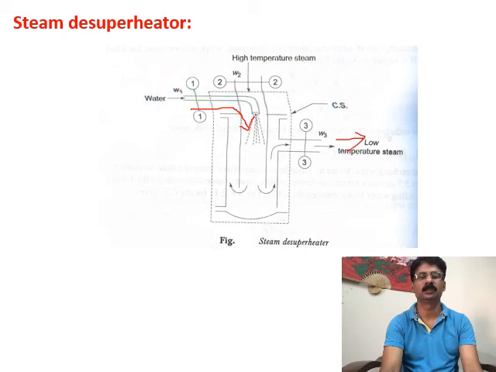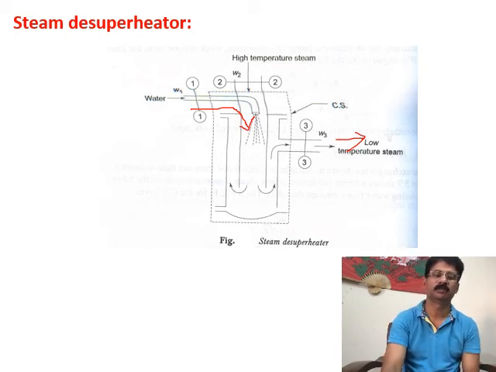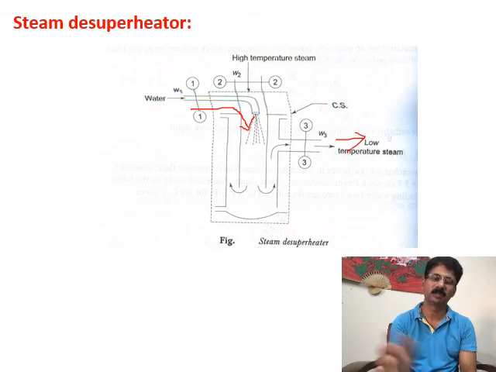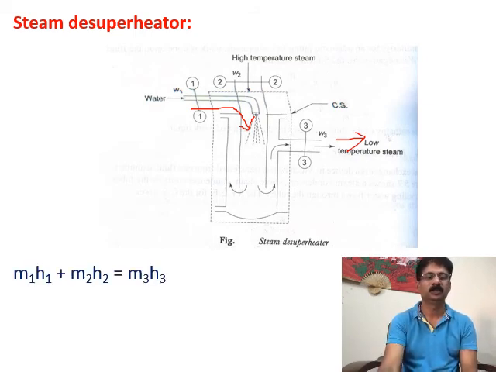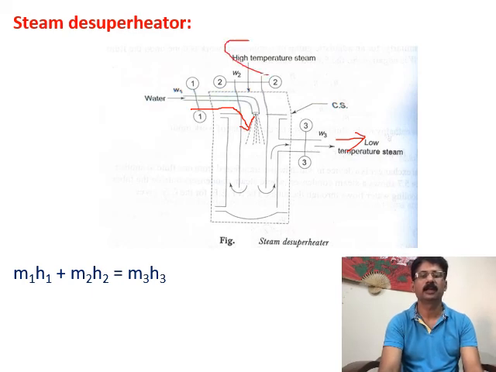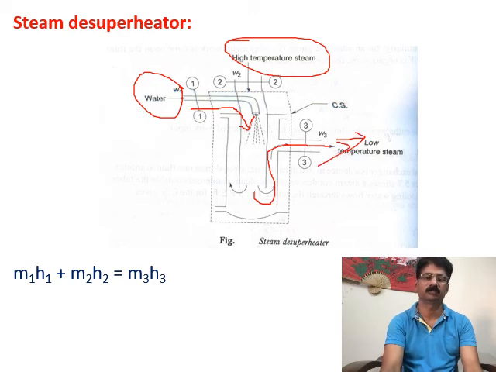High temperature steam is entering, and water is sprayed here, and it becomes low temperature steam and comes out here. It is a desuperheater, not a superheater. Desuperheater means its temperature is reduced by spraying water. So whatever the heat content of this steam and the water entering should be equal to the heat content carried away by this low temperature steam.